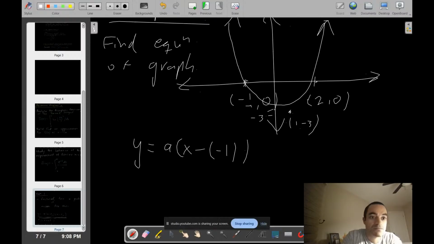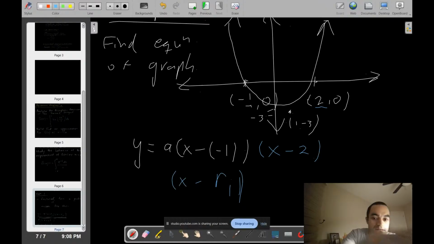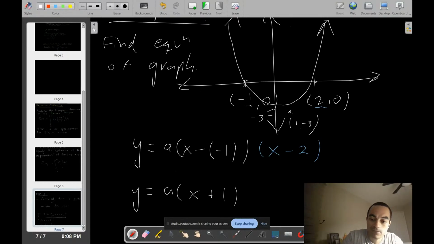This is my x minus r1 for the first factor. And then my second factor will be x minus r2, x minus 2. Does that make sense? I already got a good part of the equation underway. So y equals a parentheses x plus 1, and then x minus 2.